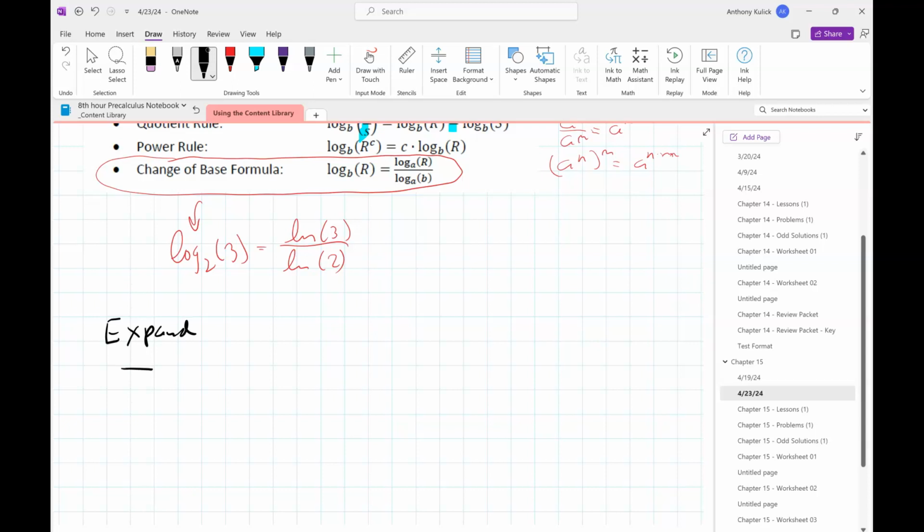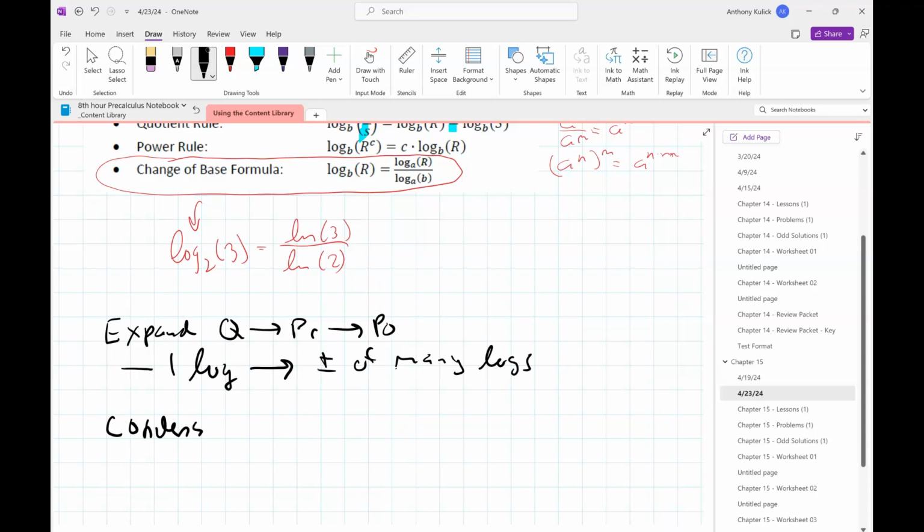The idea with expanding is we're going to take one logarithm and turn it into the sum or difference of many logarithms. Doing that, we're going to do the quotient property first, product property next, and power property last, unless there's some sort of parentheses that would imply you need to do some different order.